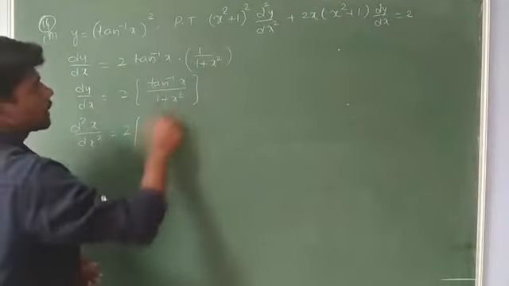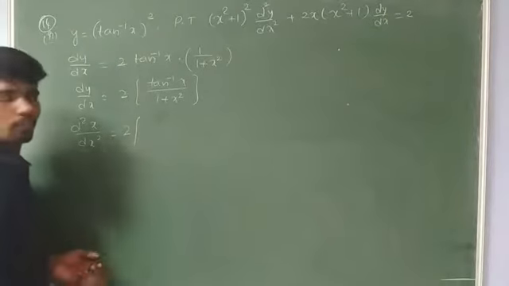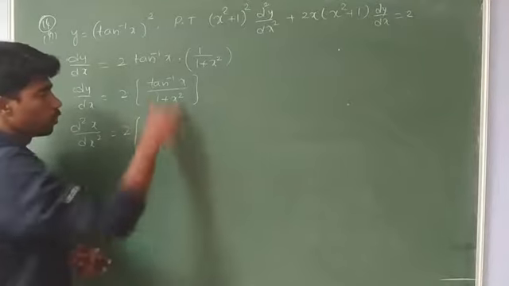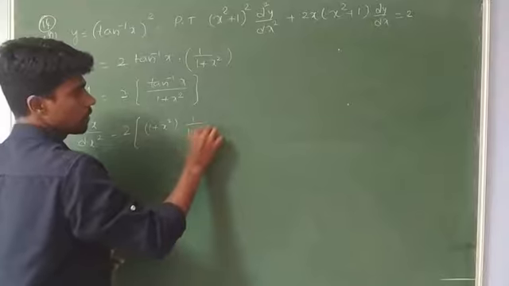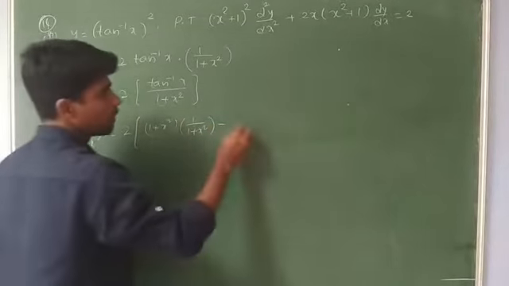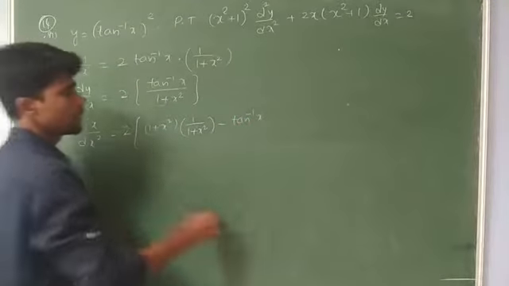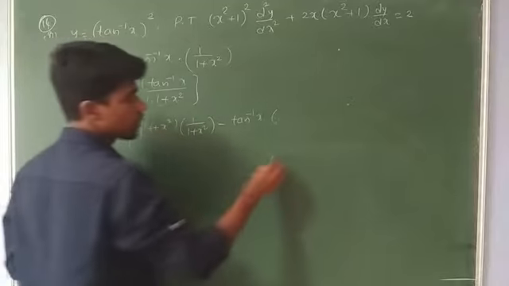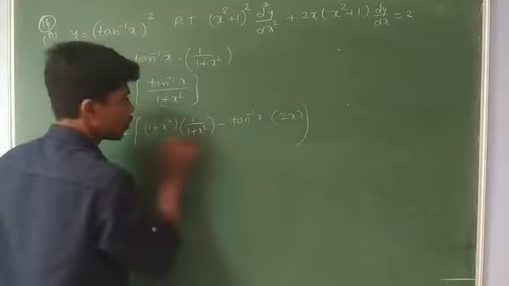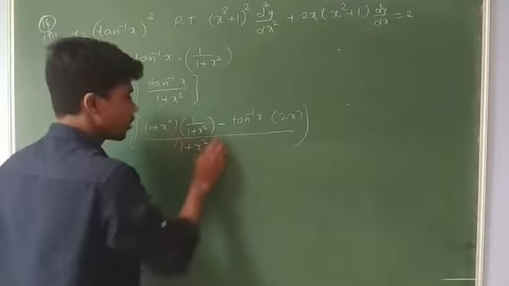So we have this particular part in u by v form, and we know the derivative of u by v: v, 1 plus x square, into u dash, so 1 by 1 plus x square, tan inverse x derivative, minus u, tan inverse x, into v dash, 1 plus x square whole dash, 1 derivative 0, x square derivative 2x, whole divided by 1 plus x square whole square.